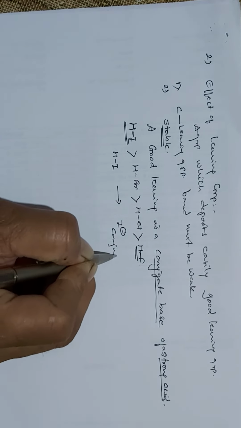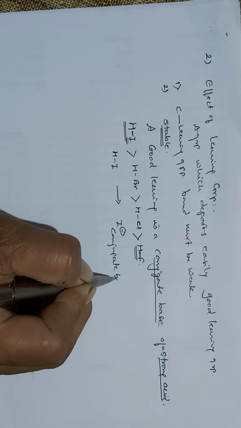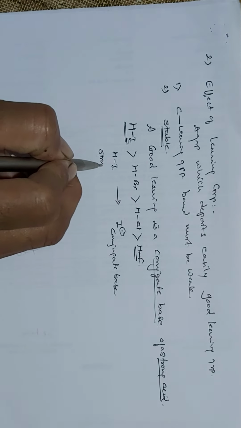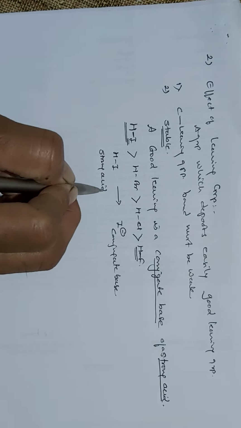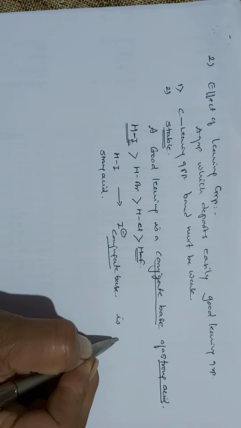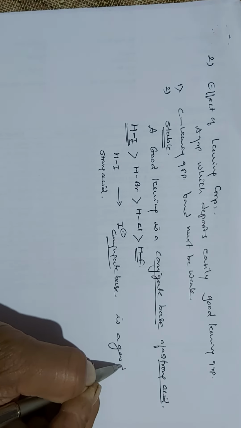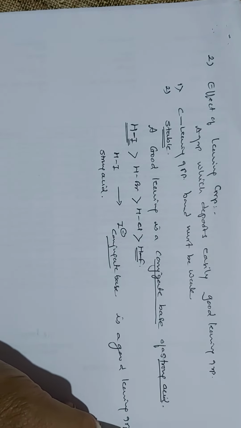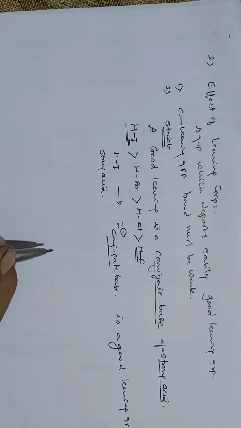So this is the conjugate base of a strong acid, and so I minus is a good leaving group.